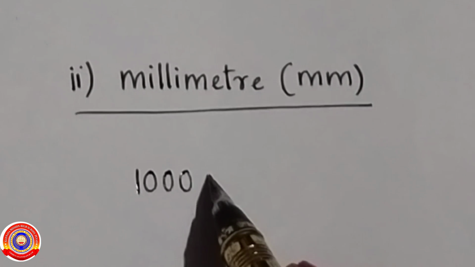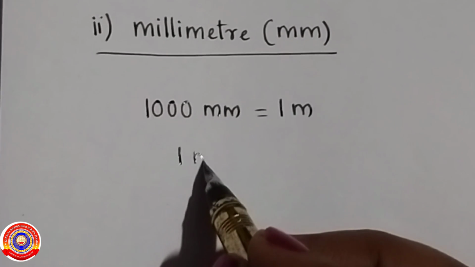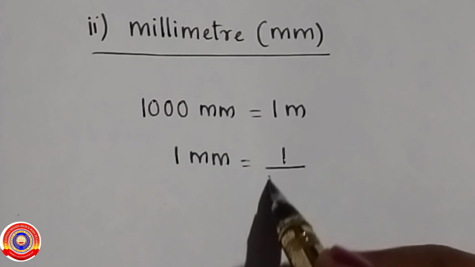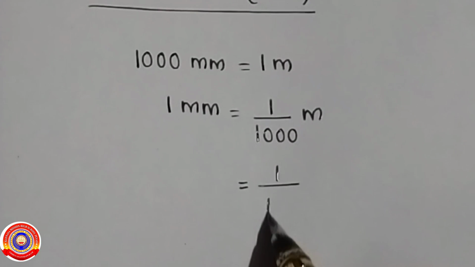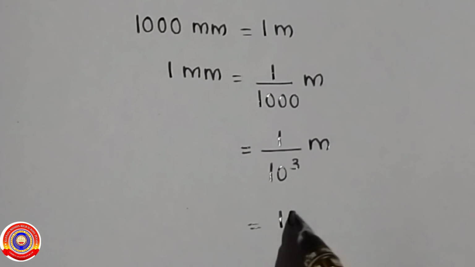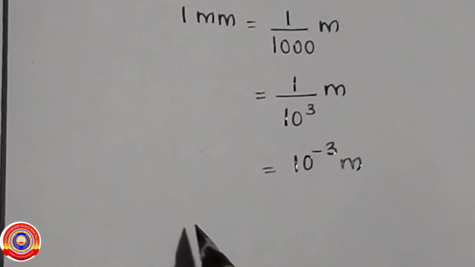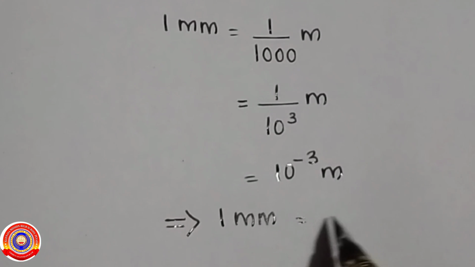Millimeter. 1000 millimeter equals 1 meter. That we have discussed in our previous class. So, 1 millimeter equals 1 by 10 raised to 3 meter. 1 millimeter equals 10 raised to minus 3 meter.